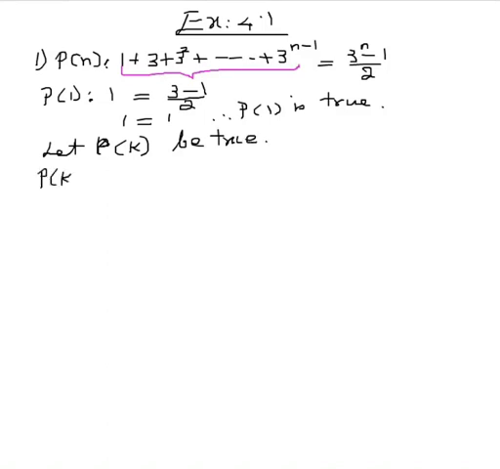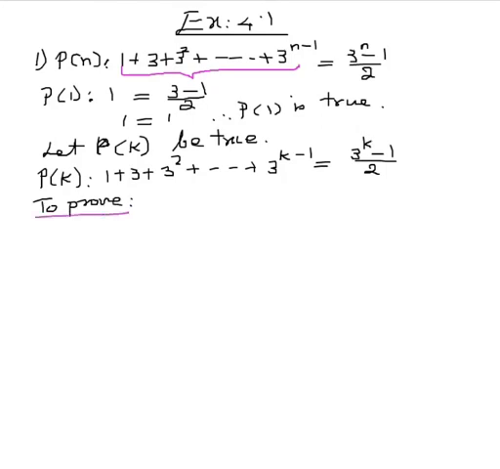Let us write the P(k) statement, which is 1 + 3 + 3² + ... + the kth term, 3^(k-1), which is (3^k - 1)/2. Now to prove, this is the statement we are going to prove, the P(k+1) statement.